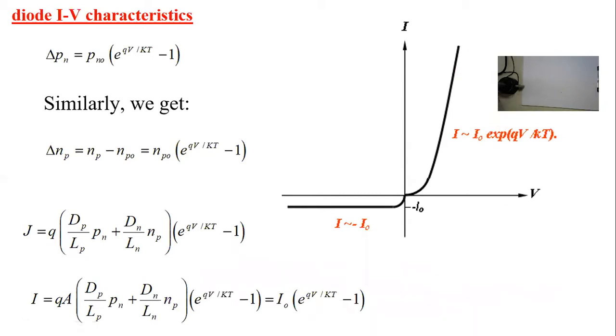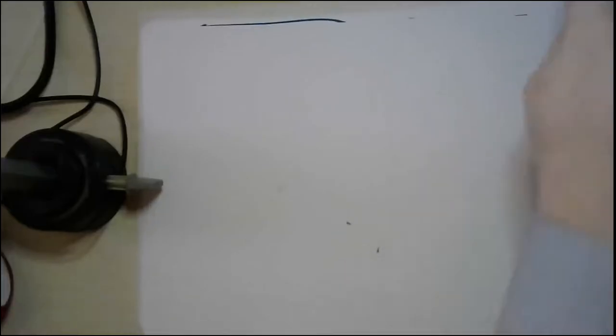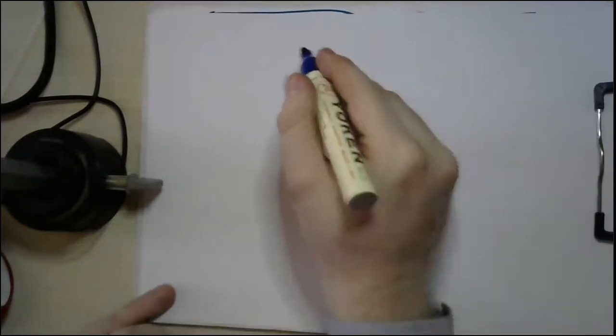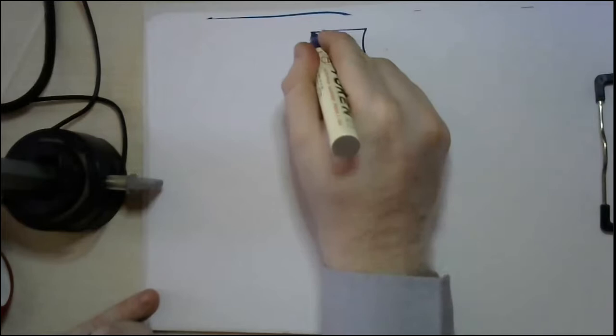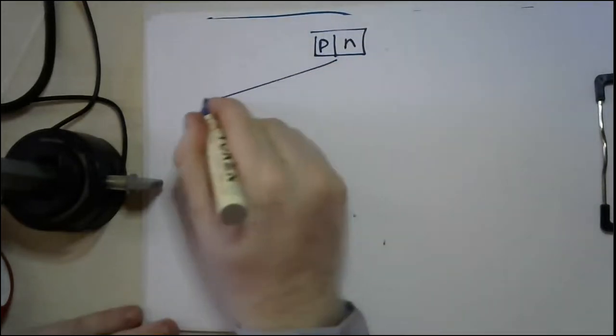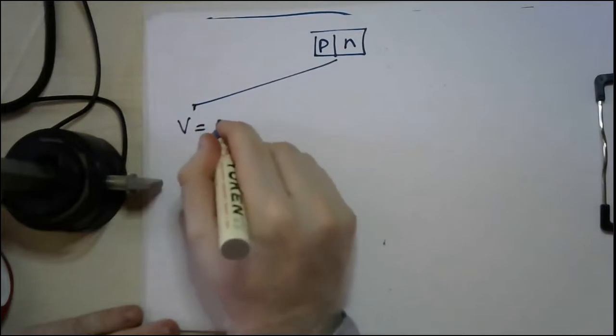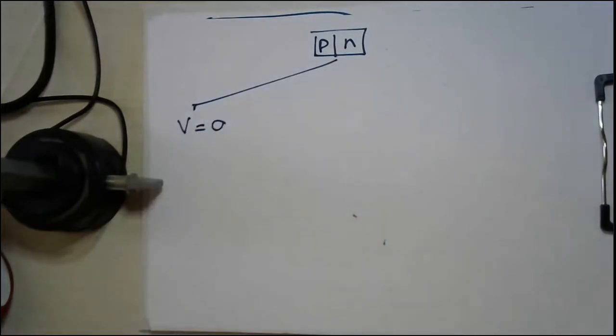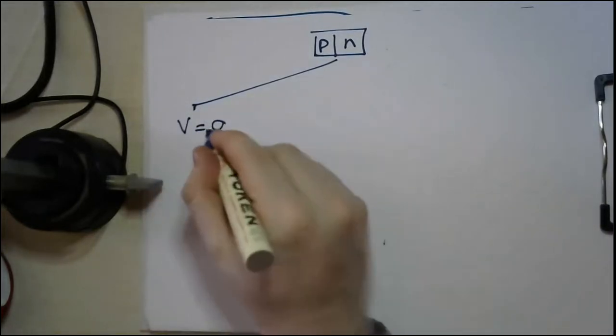Let me start first with here. Okay, so this Pn junction, if V is equal 0, what I mean by V is the external voltage. So I am under thermodynamic equilibrium.